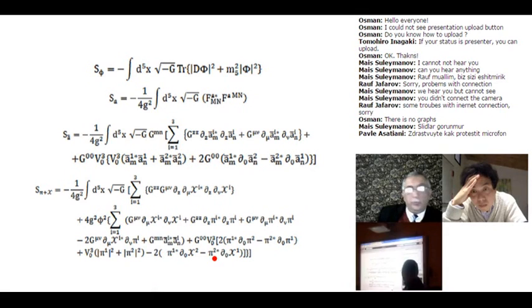We need the phi field in order to break the chiral symmetry SU(2) left times SU(2) right.